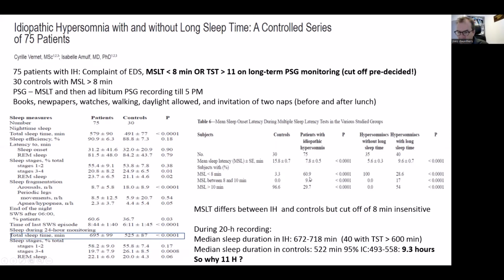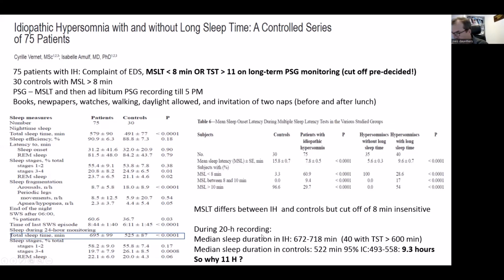But just 60% of cases had an MSLT below 8 minutes. So 40% of subjects are above the threshold of 8 minutes, and even 30% above 10 minutes. So again, it cannot exclude the IH diagnosis.